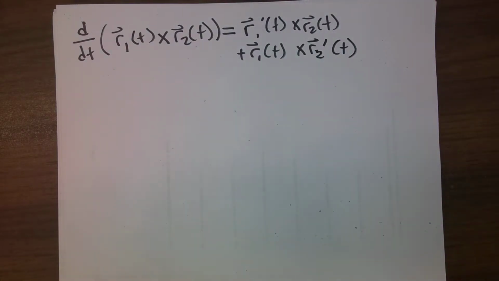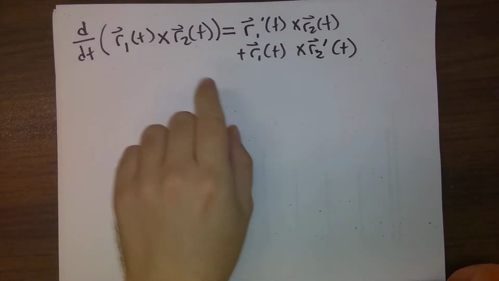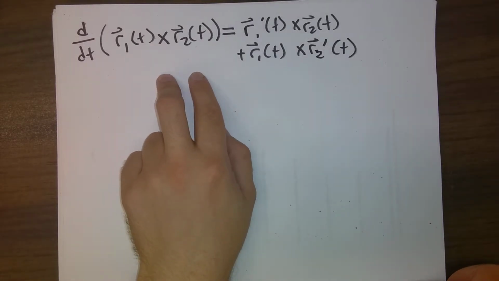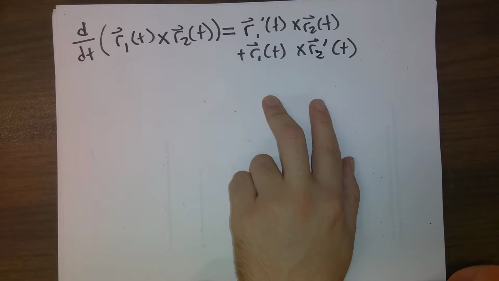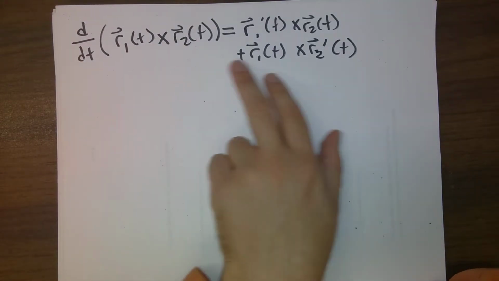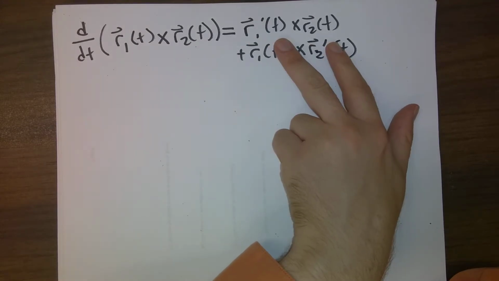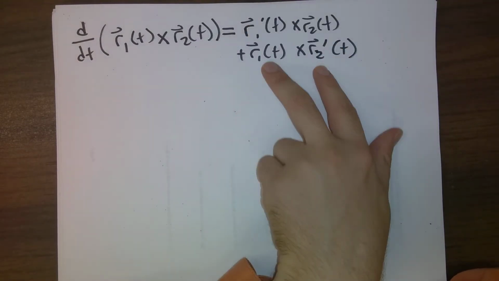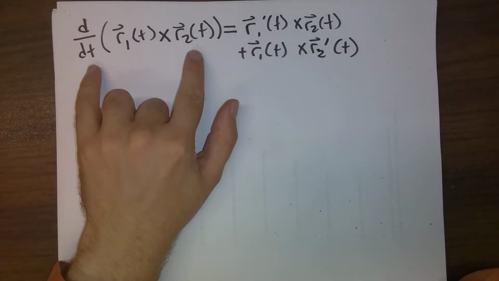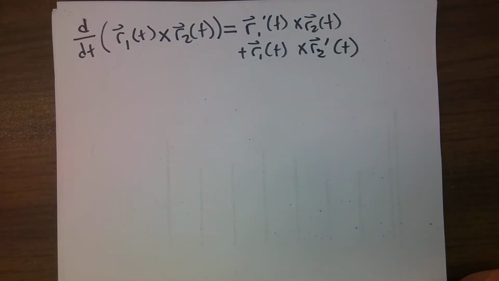And so a common question that comes up with this is, if you're asked to do something like this, is it easier to just take the cross product first and then take the derivative, or should we actually be applying the product rule here to write out like this and then have 2 separate cross products to take? And so it very well could end up being that in any given problem, like this is the easier way to do it instead of using the product rule.